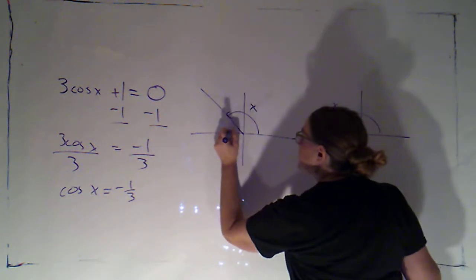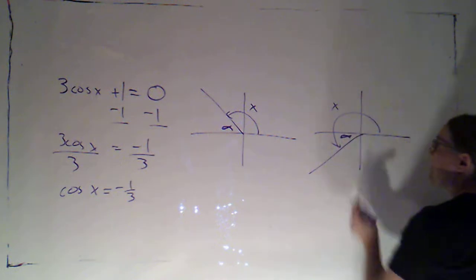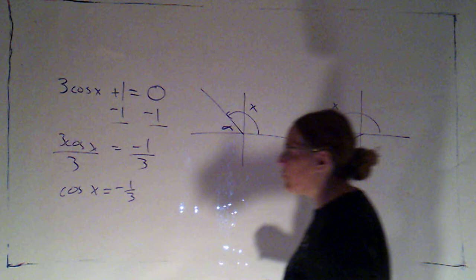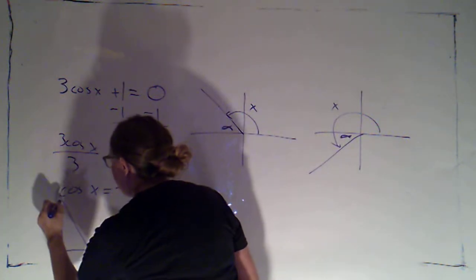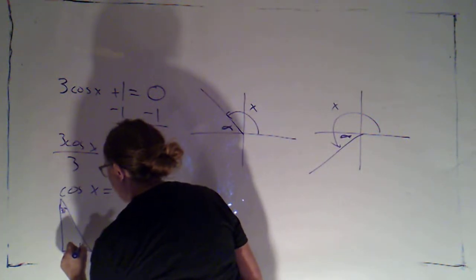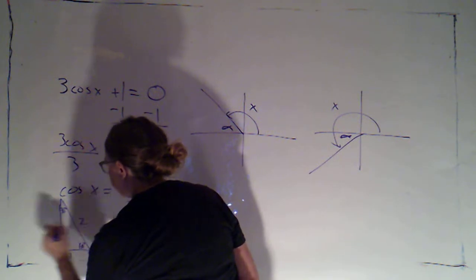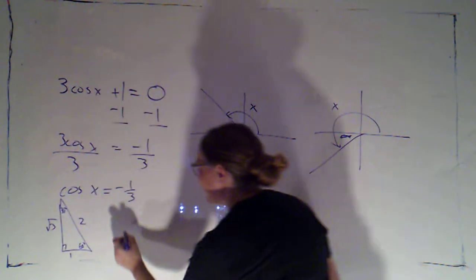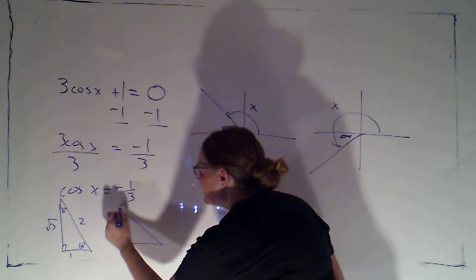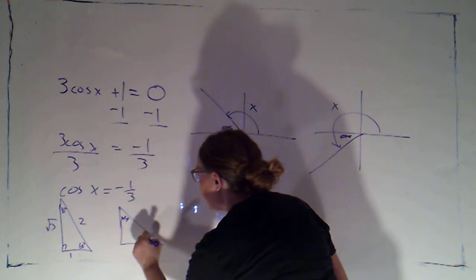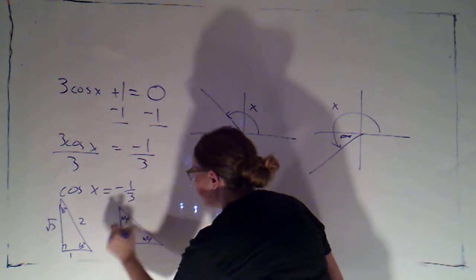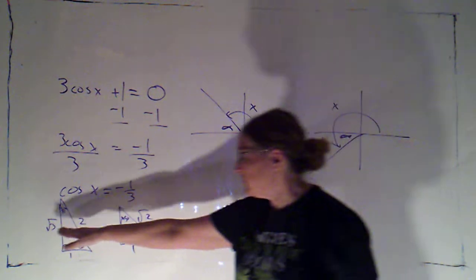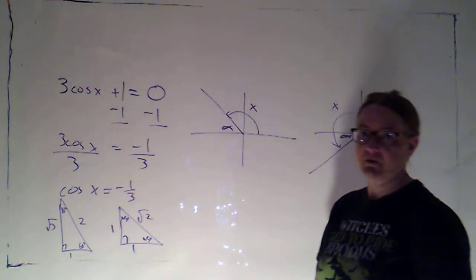So once again, I just need to know alpha, my reference angle. But I can see I'm not going to get one of my nice angles, 30, 60, or 45 in degrees, which would be pi over 6, pi over 3, and pi over 4 in radians, because none of these triangles has a side of just 3. There's a root 3, but there's no 3 outside of the root.